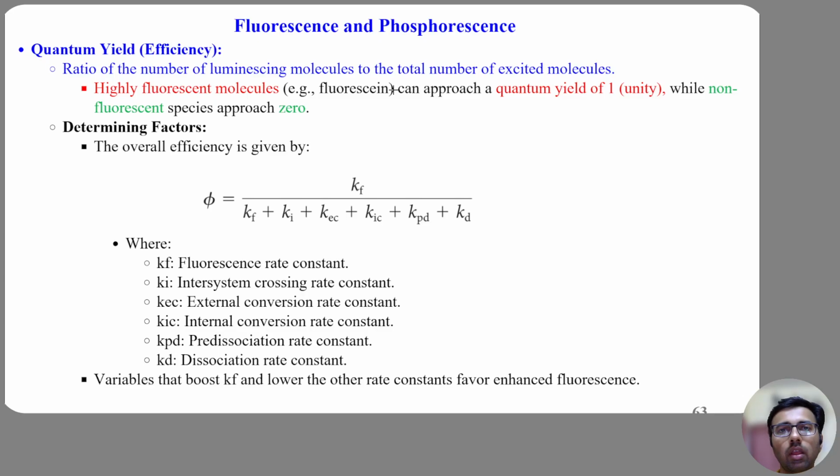The overall efficiency is governed by the rate equation as shown here. Here, Kf is the fluorescent rate constant.